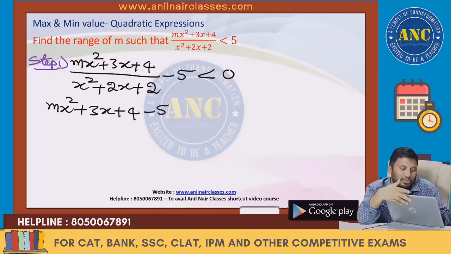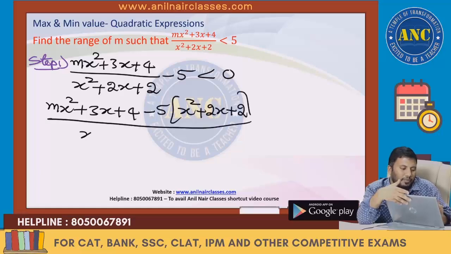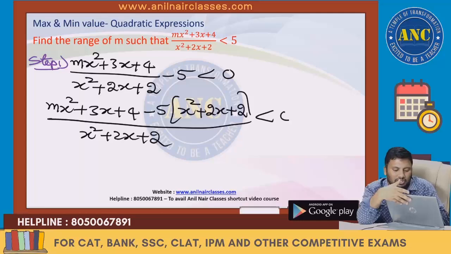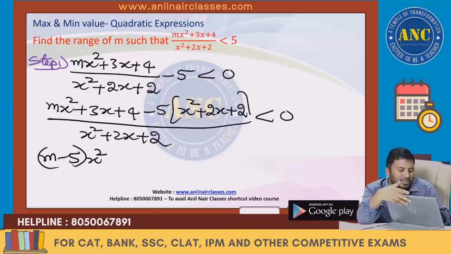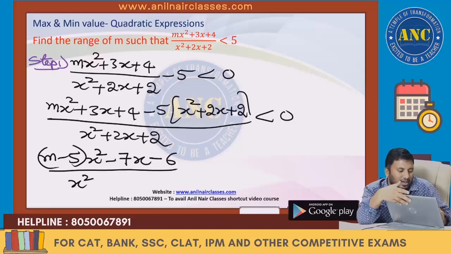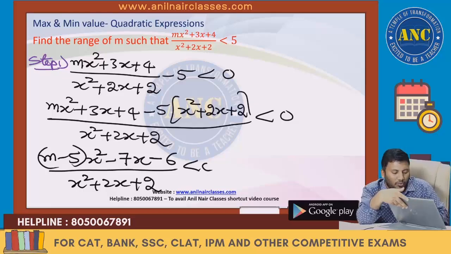Minus 5 into (x square plus 2x plus 2) divided by x square plus 2x plus 2 less than 0. So (m minus 5) into x square, 3x minus 10x, that is minus 7x, and 4 minus 10 is minus 6, divided by x square plus 2x plus 2 less than 0. This is step number 1.